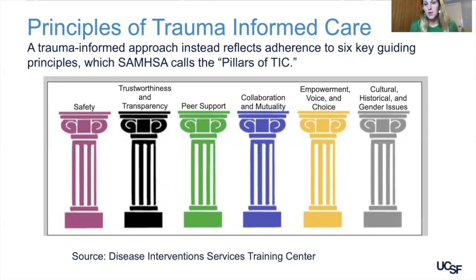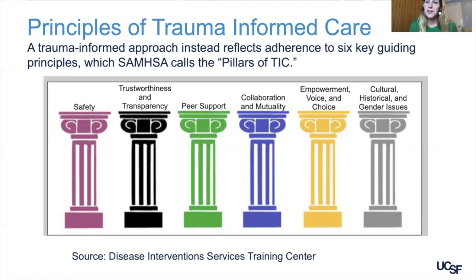Some of these are more in the context of continued engagement with a client. And so that's obviously not the situation that we will be dealing with. We'll be calling someone once and possibly following up, but most likely it'll be a one-time encounter. So some of the pillars are less relevant in that context.